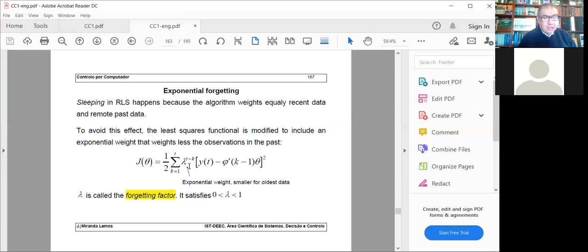So 2 observations ago, you would have k equal to t minus 2, so t minus k becomes 2, and you have lambda squared. Lambda squared is 0.81. So you are decreasing. You have this exponential that vanishes when you go to the past. The more in the past this deviation is, the smaller is the weight.